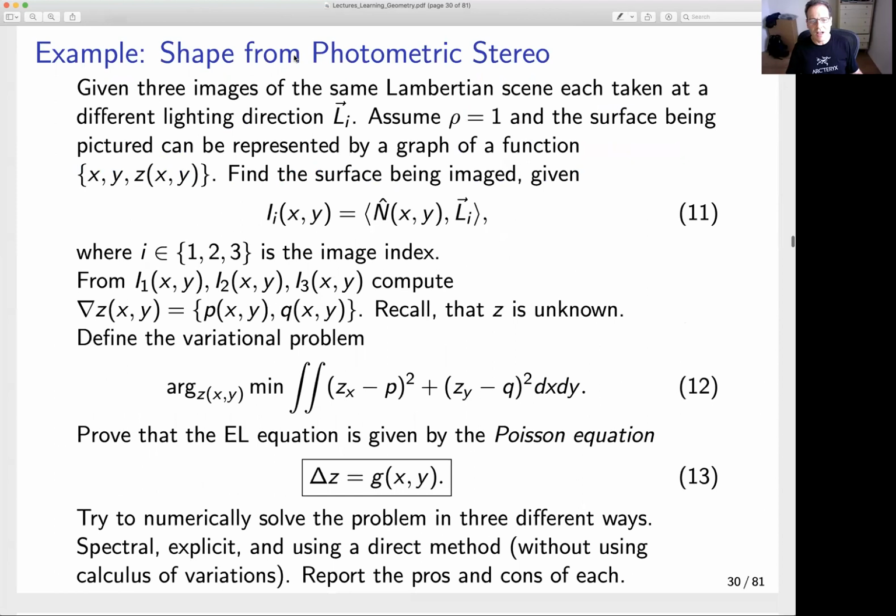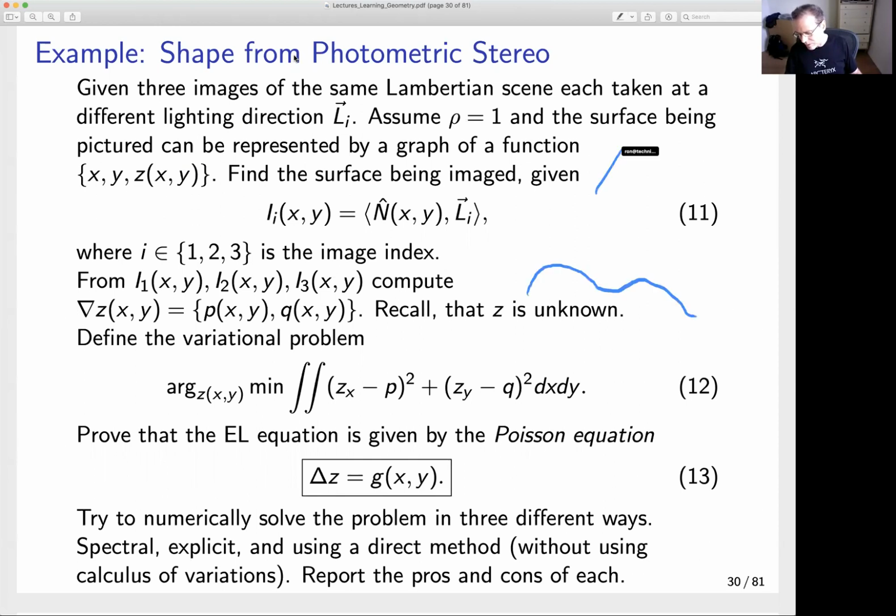Another interesting example is photometric stereo, which I will jump over. I will let you read it at home, and let me just describe the problem. Like the shape from shading that I've shown you before, where you end up with the eikonal equation, in photometric stereo the problem goes as follows. I'm looking at the surface from above.